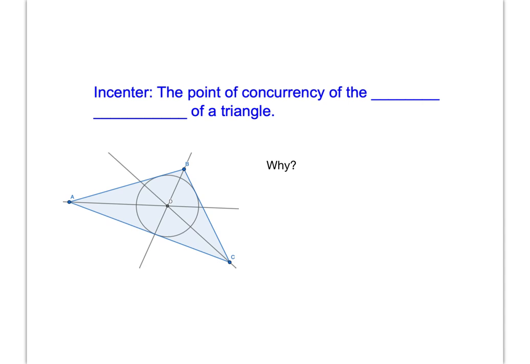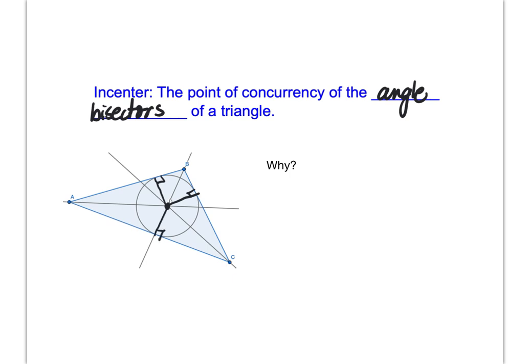The incenter is the point of concurrency of the angle bisectors of a triangle. Any point on an angle bisector is equidistant from the sides. So if I look at this point right here, it's the same distance to the sides. And so now this should make sense.